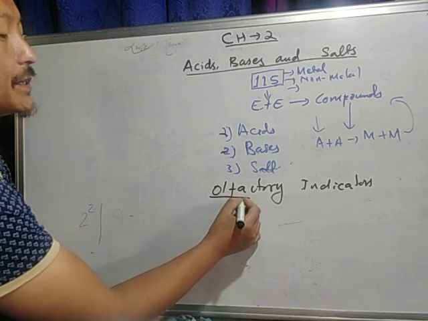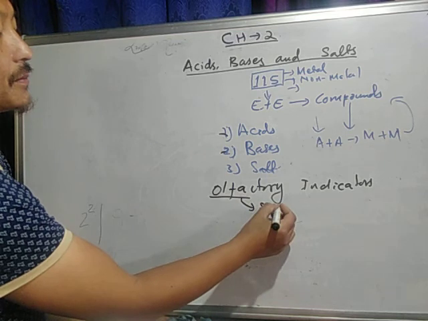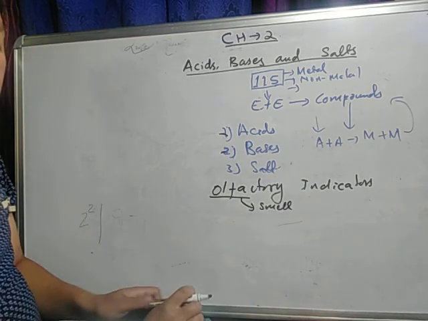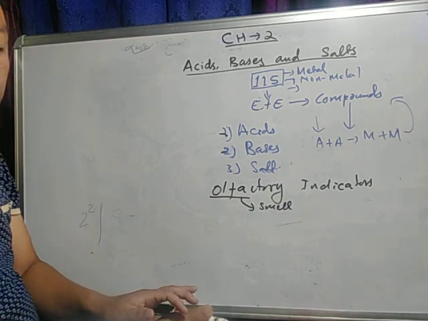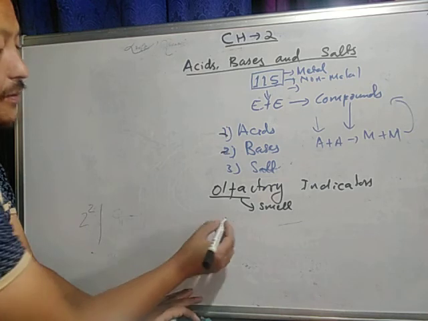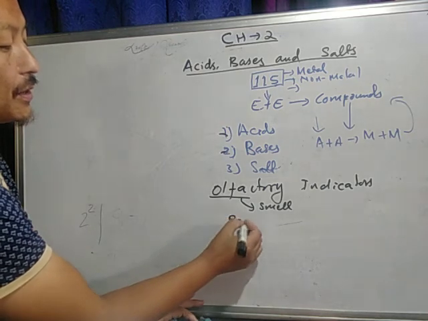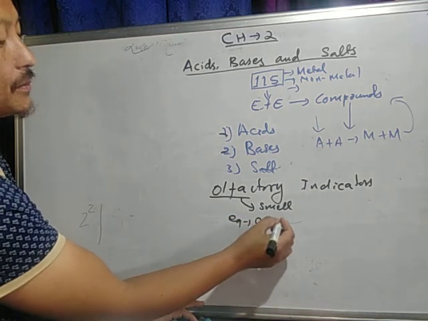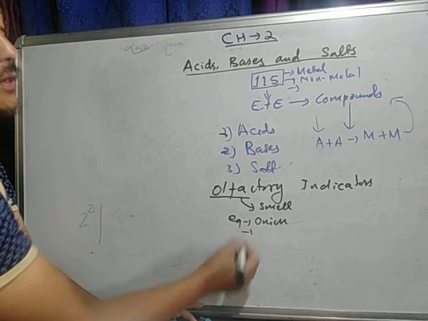Olfactory means smell. So a simple example is your onion, and the next one is your vanilla.